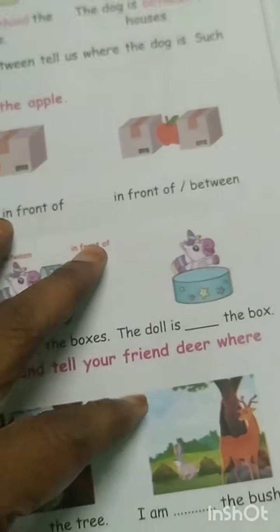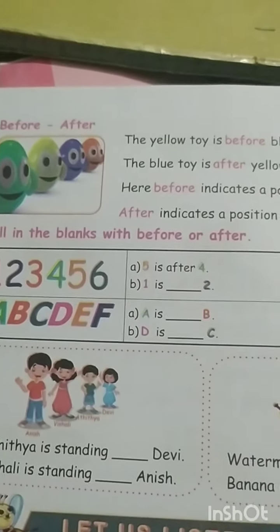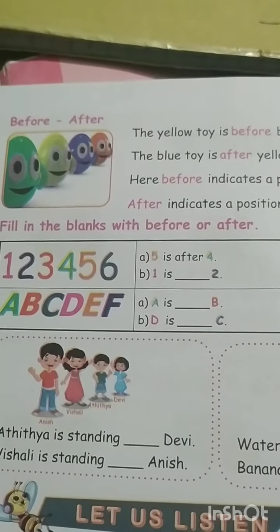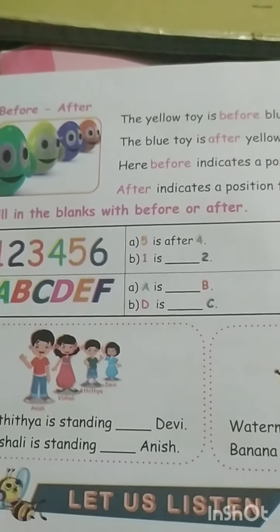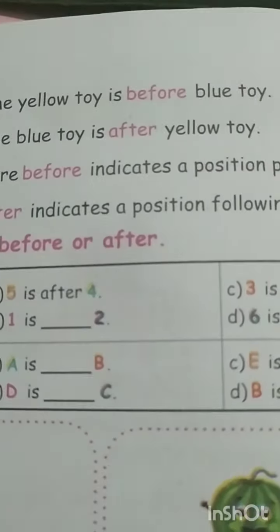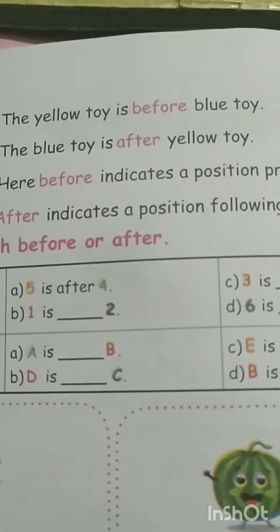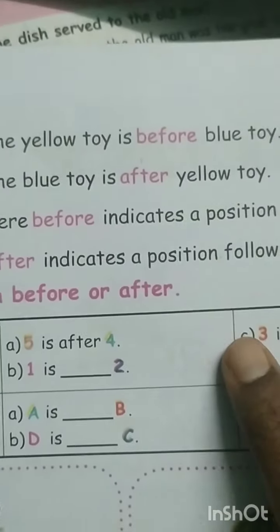This is very easy for you to understand in the numbers, children, because we have learned this before in the numbers. So let us go on to the numbers and alphabets. The yellow doll is before the blue toy. The yellow one is here, the blue one is after the yellow.